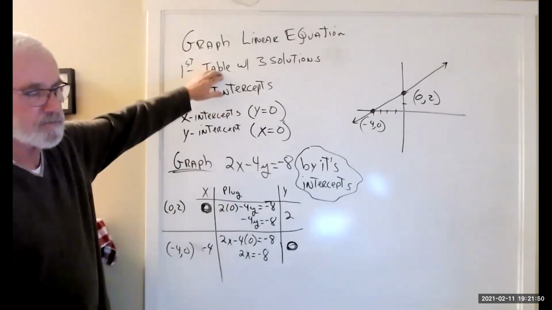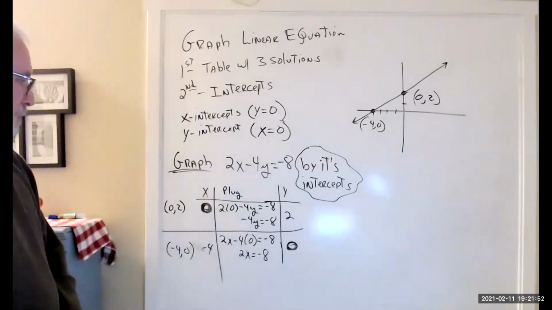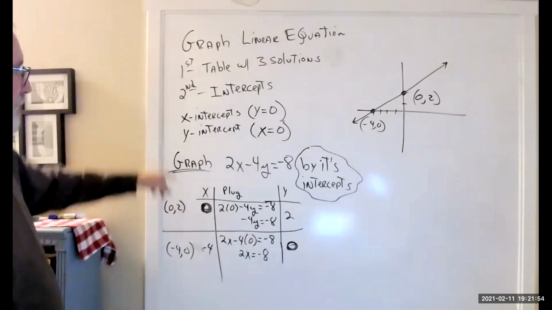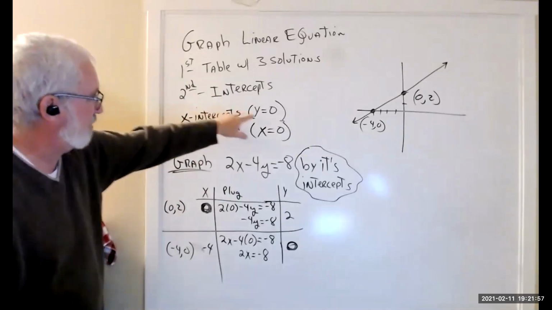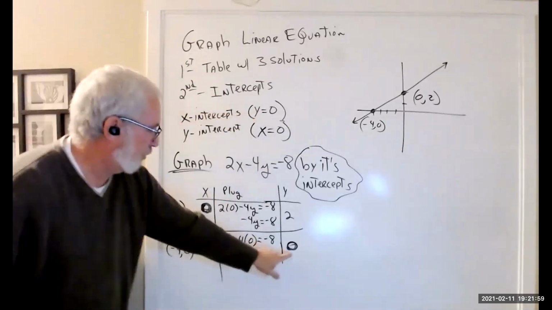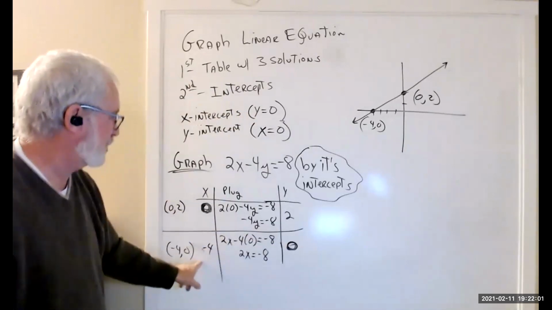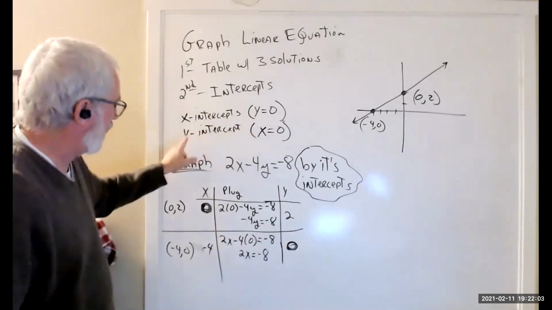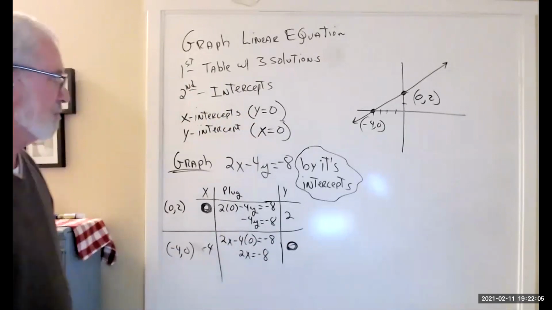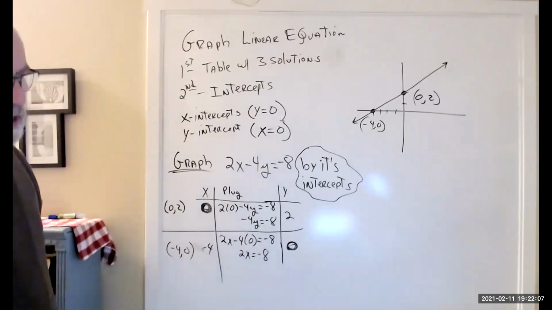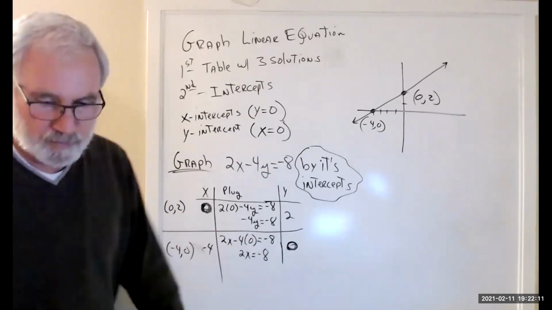Okay, so you guys think you could graph by intercepts, remembering that X-intercept means y is 0. So y is 0, plug it in, find x. Y-intercept means x is 0. You guys think you can do that or not? Yes. Okay, all right. Yeah, cool. Yeah, I think so.